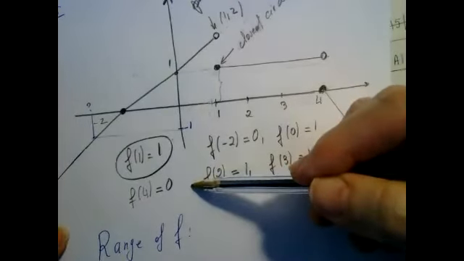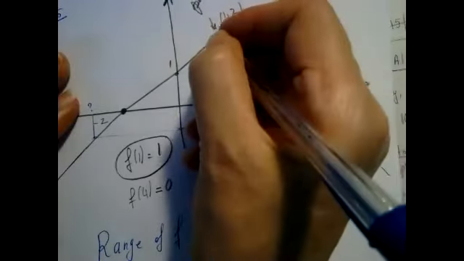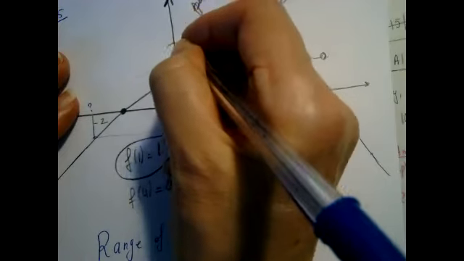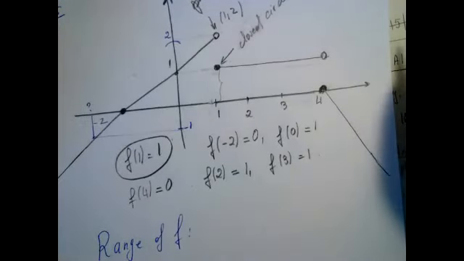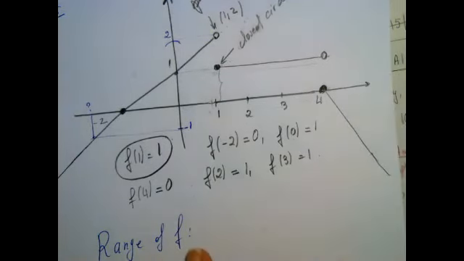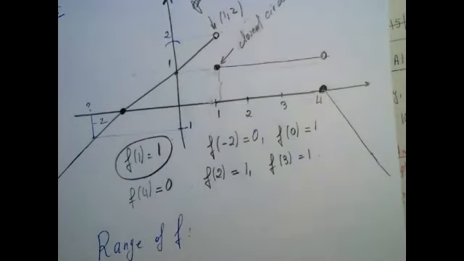Right. The range is going to be from minus infinity all the way to 2, but for this 2, I'm going to put parentheses to emphasize the fact that it's not in the range. So it's not from 0 to 1. The range are the output values. So it's everything all the way to 2, but 2 is not included.